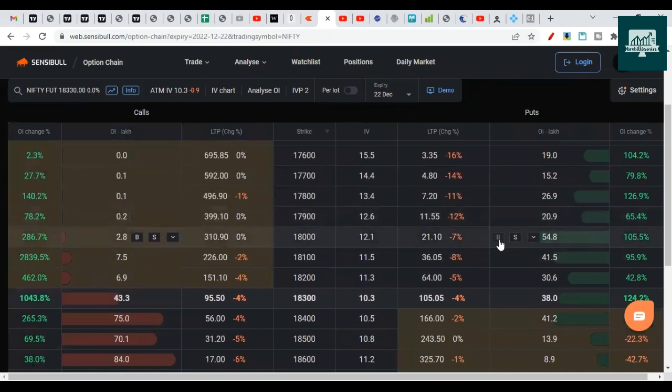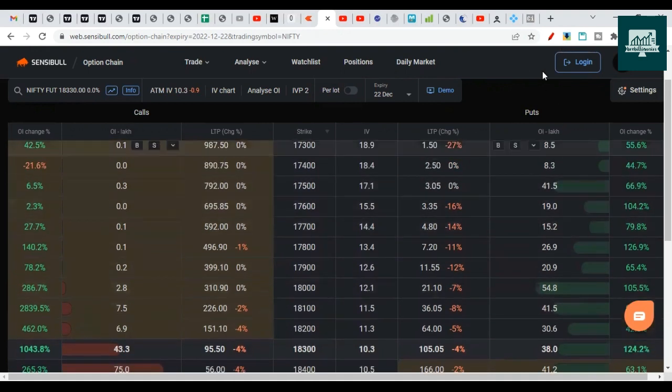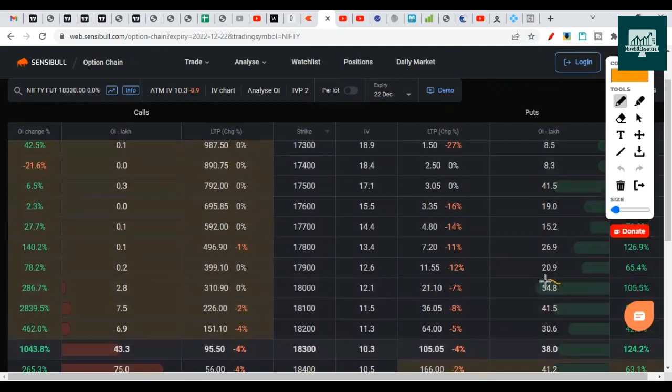So 18,000 is a key support. We talked about the importance of 18,000 as well. We don't want a close below this if the bulls want to continue going higher. If it closes below this, then after this, you can see 17,500.